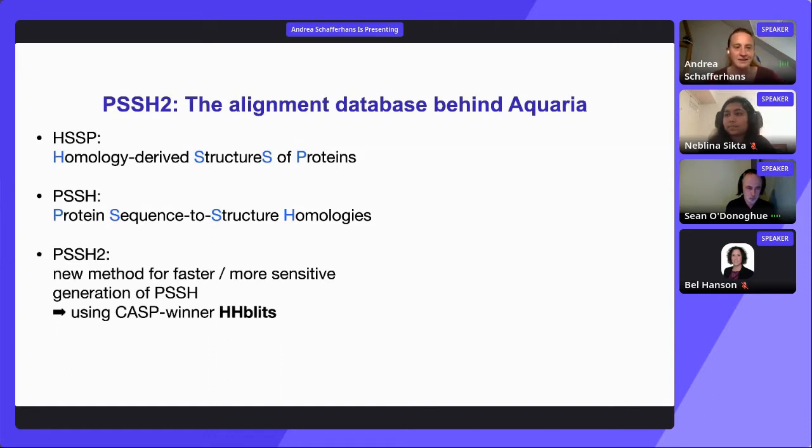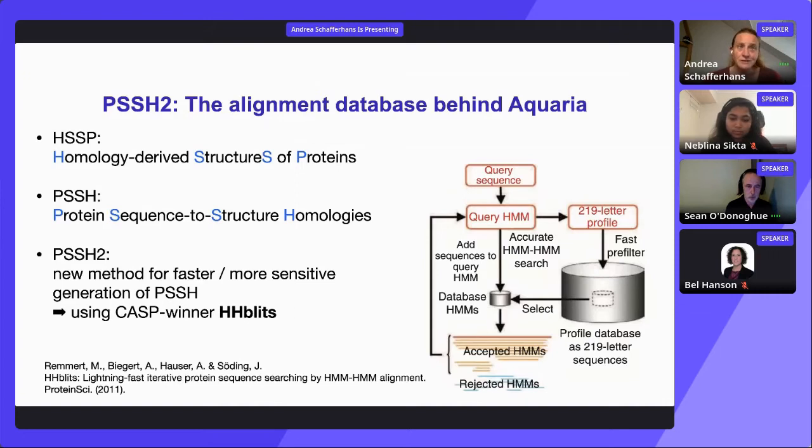By 2010, the databases had outgrown the capabilities of MaxHom, and we looked for a tool that was faster and also more sensitive. And so we looked in the protein modeling tools and found HHblits as one of the fastest and also most accurate tools for aligning sequences to protein structures. The reason why HHblits is fast and accurate is because it is based on hidden Markov models.